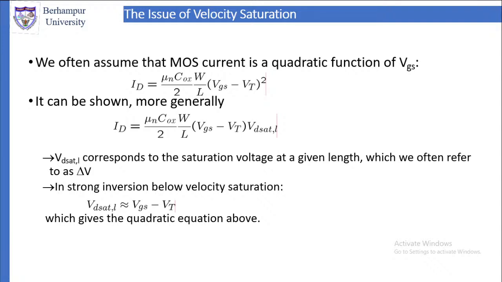So for that, we will start with the issue of velocity saturation. When you are using a device like a MOSFET, our intention is to get a high-speed circuit, designing a high-speed circuit. Does that mean we can go to any speed? It does not mean we can go to any speed.